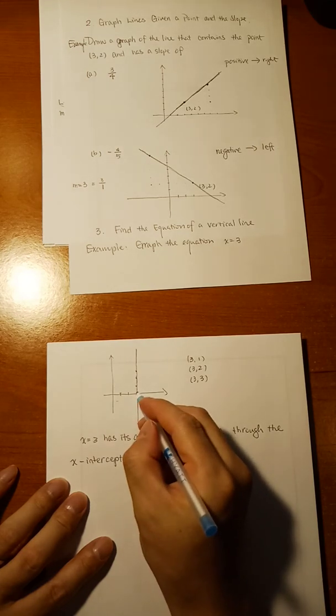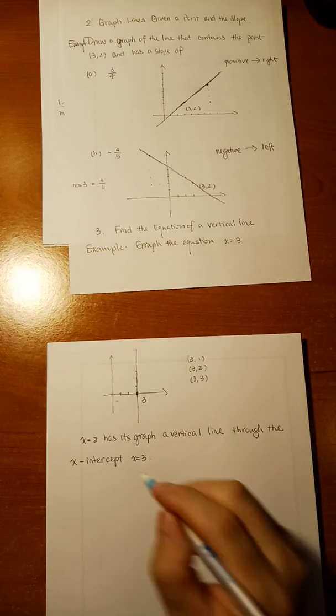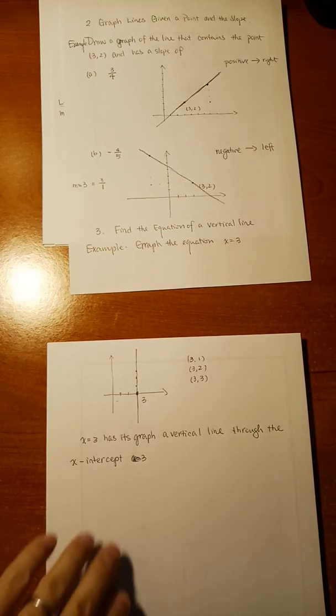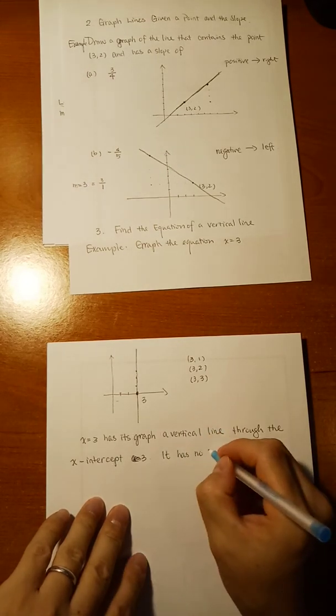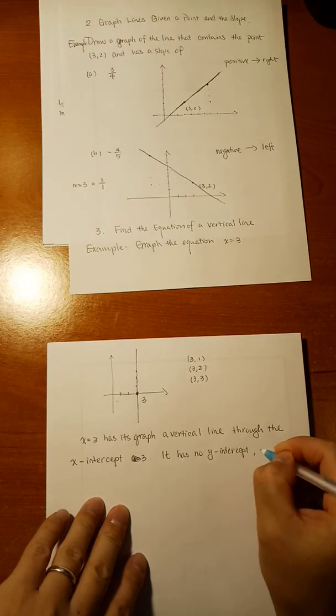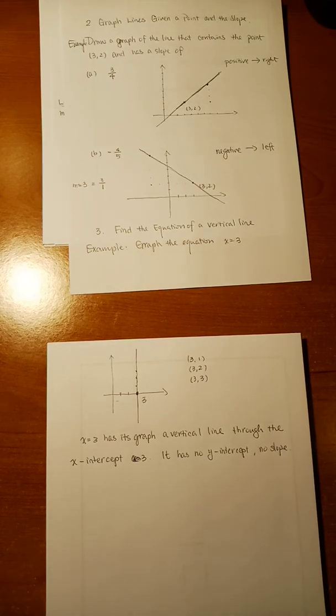Okay, so this number is also the x-intercept. X-intercept, we just call it 3. And there's no y-intercept, no slope. Right? No y-intercept, no slope.